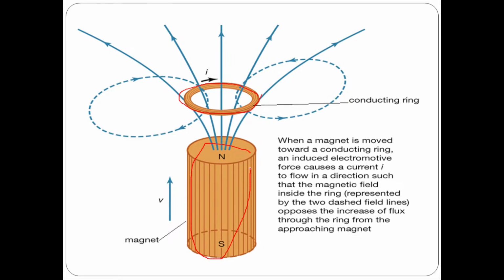Now we already know when current flows through a conductor, a magnetic field is induced. According to Fleming's right hand rule, you can even determine the direction of the magnetic field that has been induced.